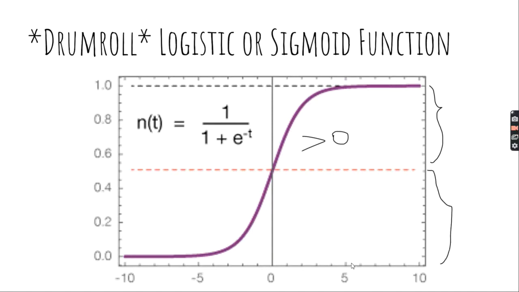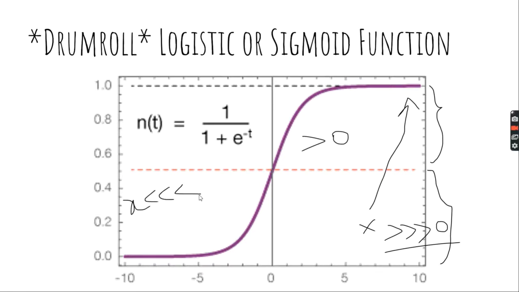Also observe this peculiar property: as you go towards very large positive numbers, it approaches 1. Similarly, for a very negative number, like minus 10,000 or minus 10 million, it approaches 0. So these are the two properties that we know of this function.